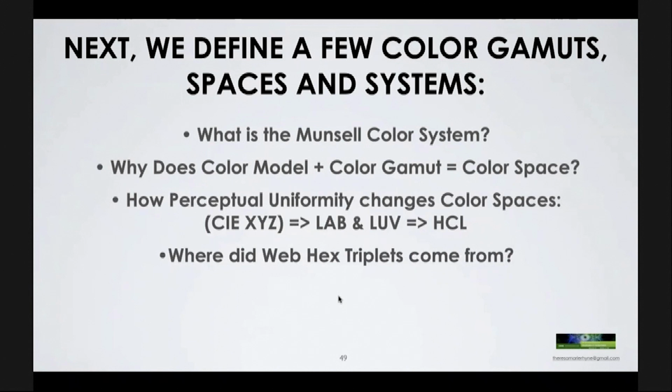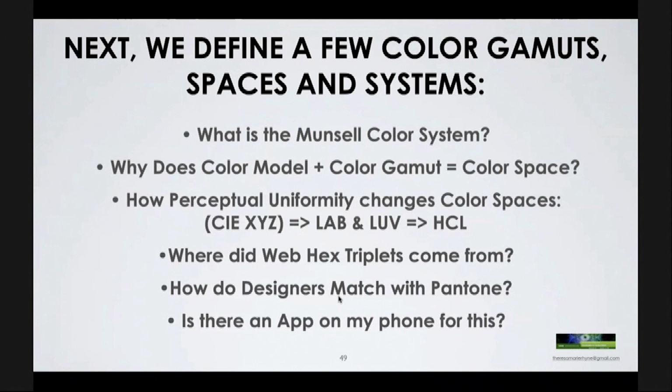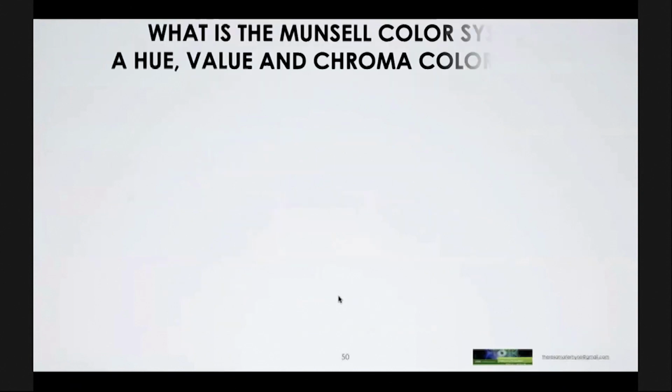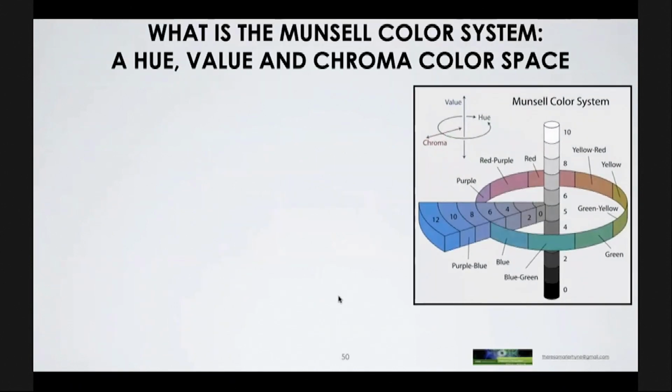This is very important, because in today's world, lots of colors are defined in terms of their hex code. So how do designers match with Pantone, and is there an app on my iPhone or Android for this? We've already talked about one app, Adobe Capture. There are more apps. Okay, so let's go here.